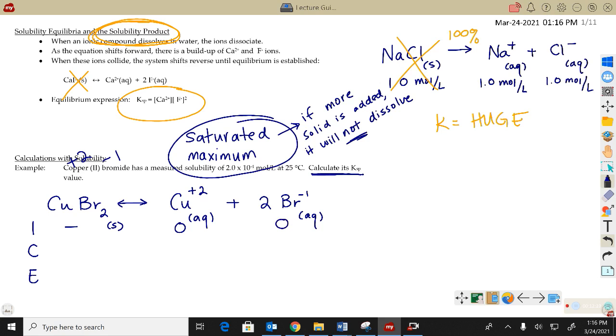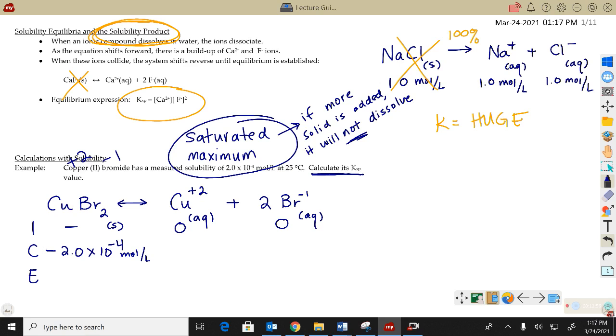The one number that I could put in, though, is that when I put this amount of solid in water, the maximum amount that'll dissolve, any amount could go down by 2.0 times 10 to the negative fourth moles per liter. So whatever amount I start with, that's the maximum amount that will dissolve and dissociate to form ions.